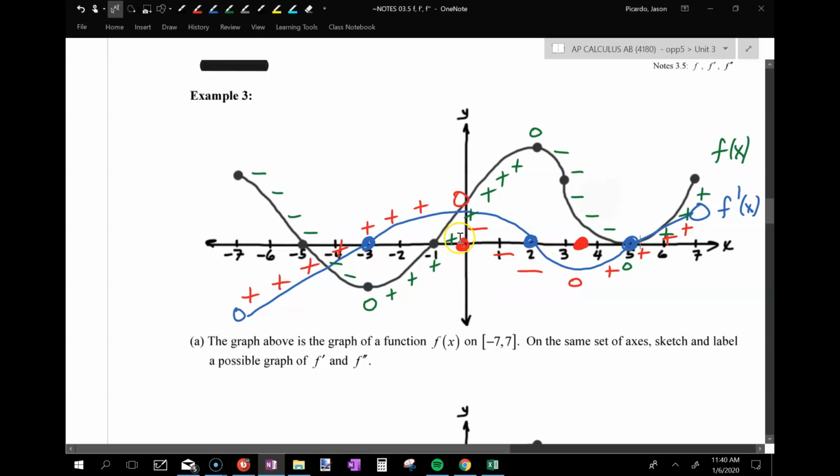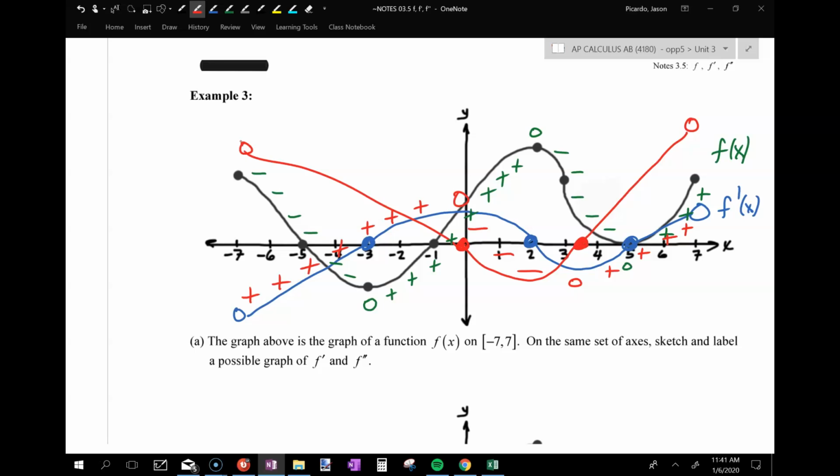What do I need to be before this one? Positive. What do I need to be between these? Negative. What do I need to be after this? Positive. So doesn't it just look kind of something maybe like that? Cool?